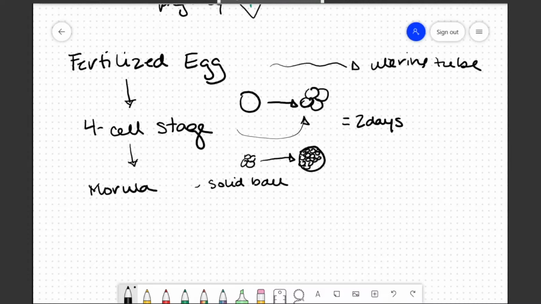Those 4 will continue to divide until you get a solid ball. Think more like a golf ball for this. It's going to be completely solid, the morula. This happens at 3 days after fertilization, and that occurs at about 3 days.